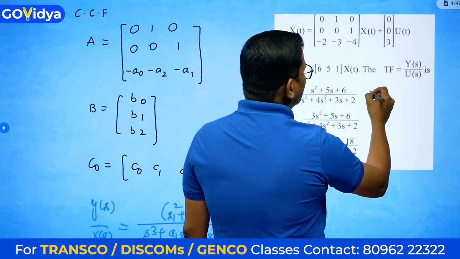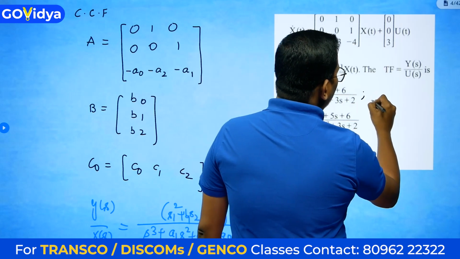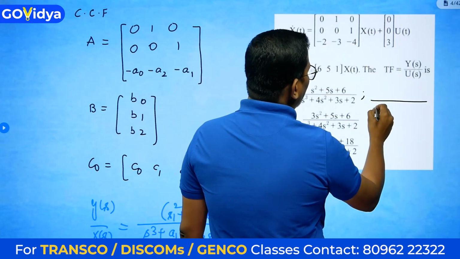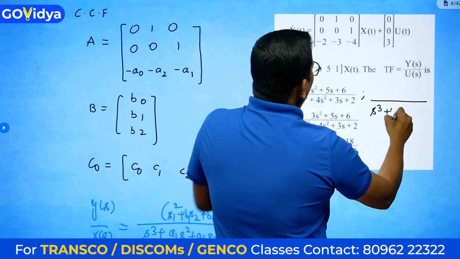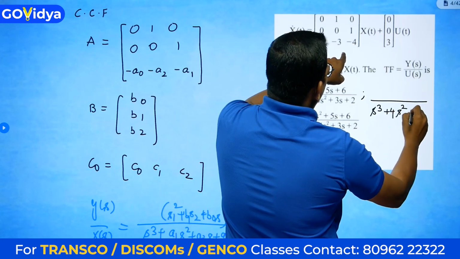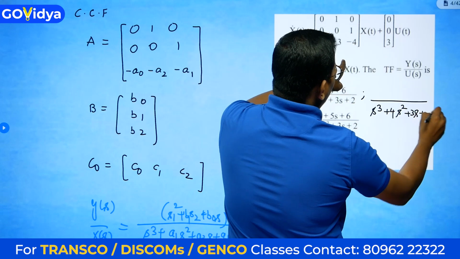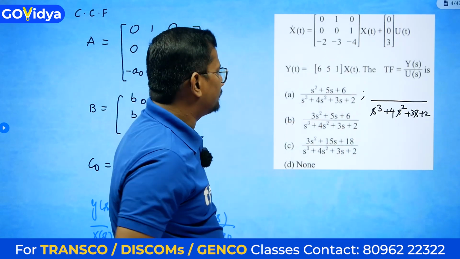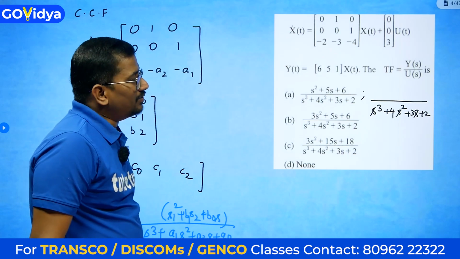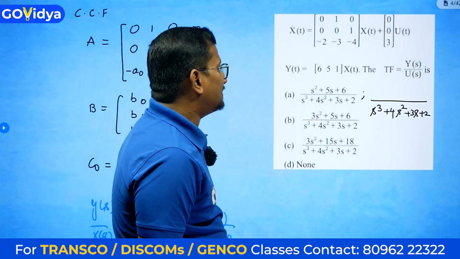So from this, in the denominator what will I get? S cube I will get, and everything is the same, plus 4s square plus 3s plus 2. Now what else is left? 6, 5, 1 and b is 3. So how to deal with that?